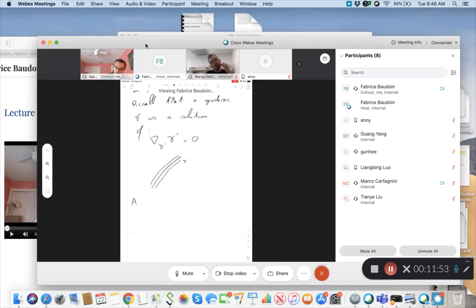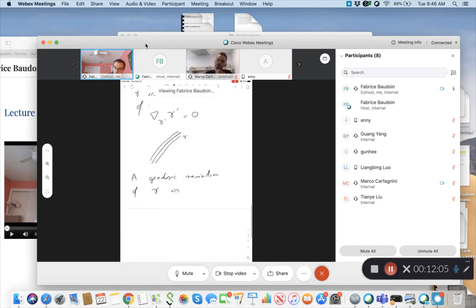So the geodesic variation of gamma is a variation gamma st. Again, s will be defined on a small interval, negative epsilon to epsilon.